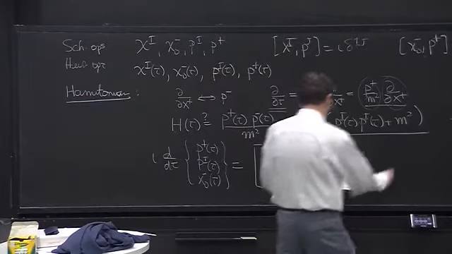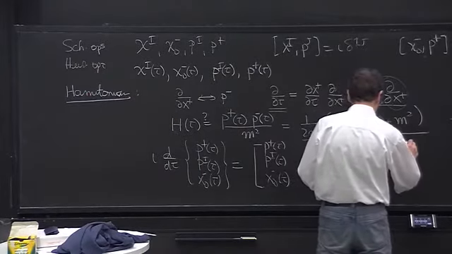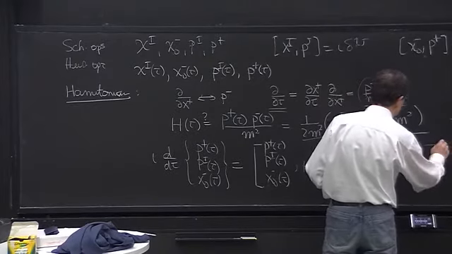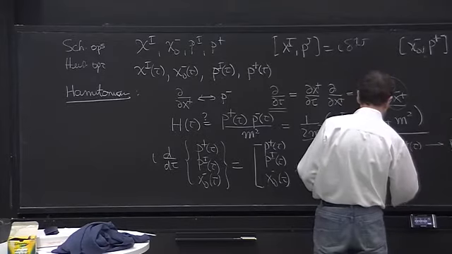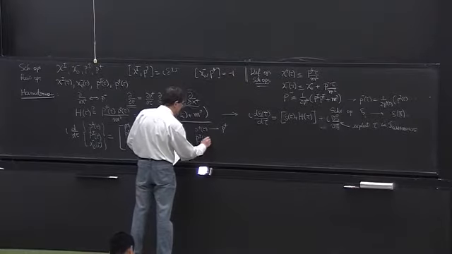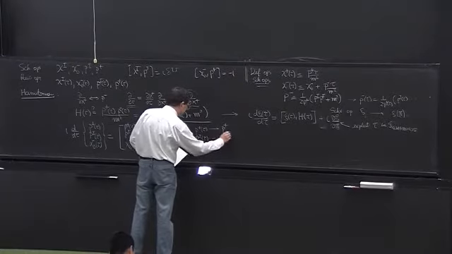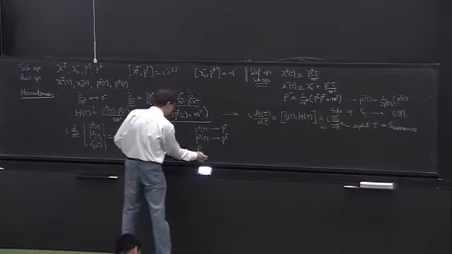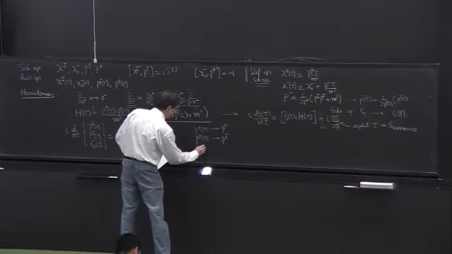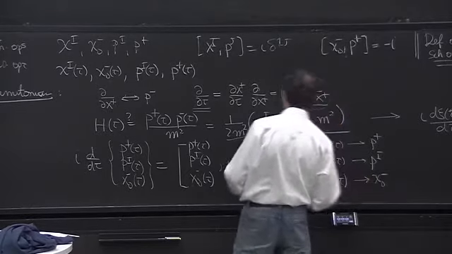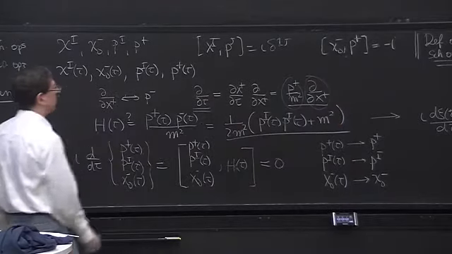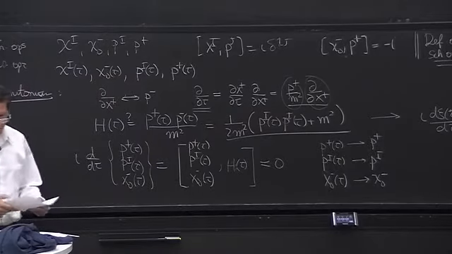So instead of writing P plus of tau, we can write P plus, even in the Heisenberg picture. Instead of writing Pi of tau, we can write Pi. And instead of writing x0 minus of tau, we can write x0 minus. And that's all because we wrote a decent Hamiltonian.